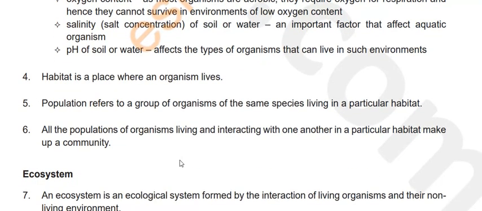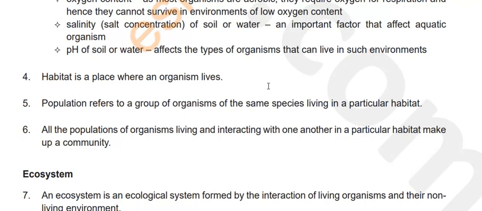Then a habitat is the place where an organism lives. A community is a population of different species of organisms, but a habitat is the place where organisms are found.